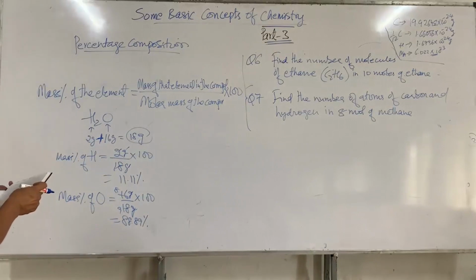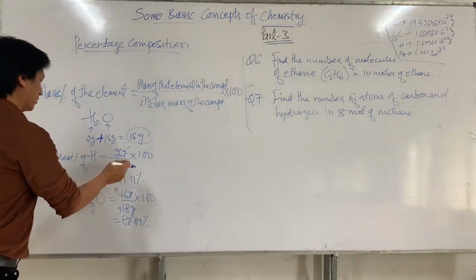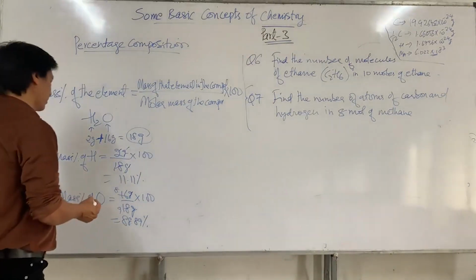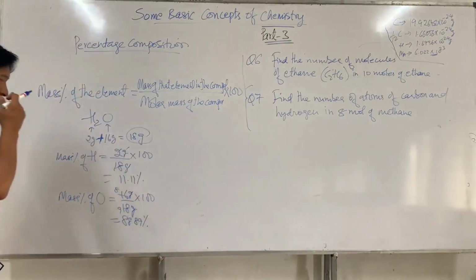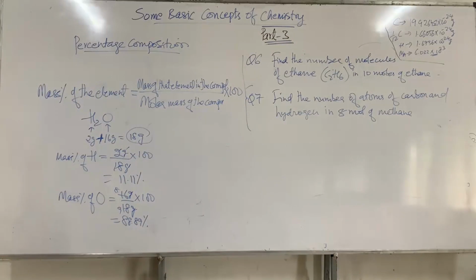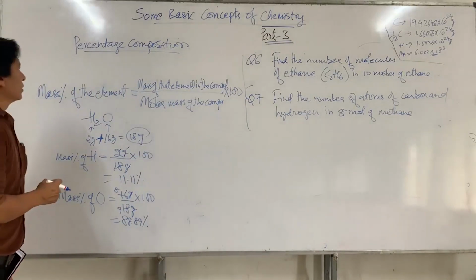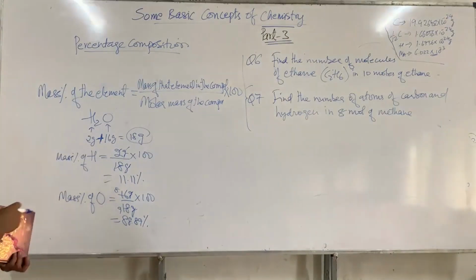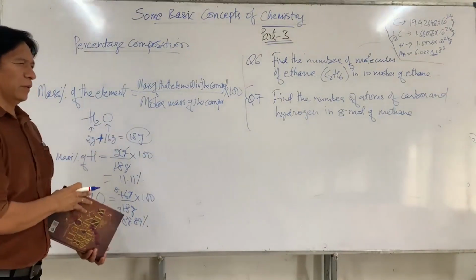So the sum of these two is going to be 100, right? And that's it. So this is how we find the mass percent, or the percentage of each element present in a compound. You can do the same thing for any other compound as such.